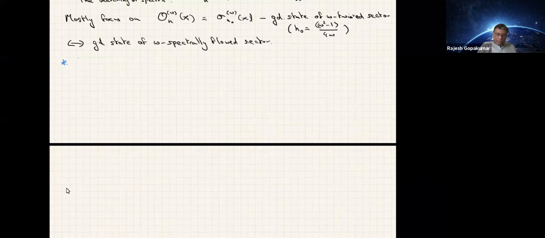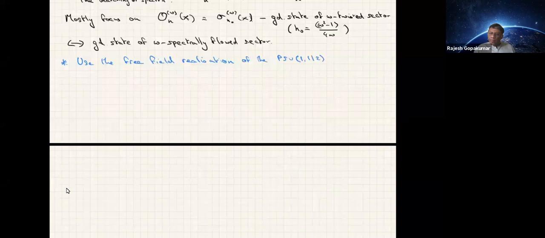We'll of course again use the free field realization of this PSU(1,1|2) theory, and we'll use Ward identities to constrain the correlators on the string side. So the string side is the left-hand side of the above equation that I showed.